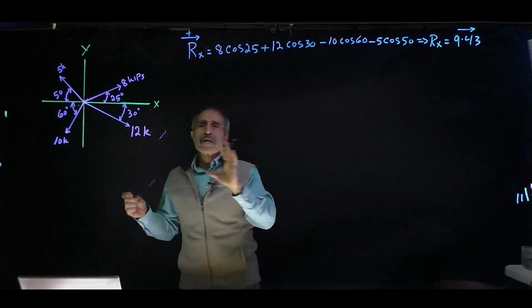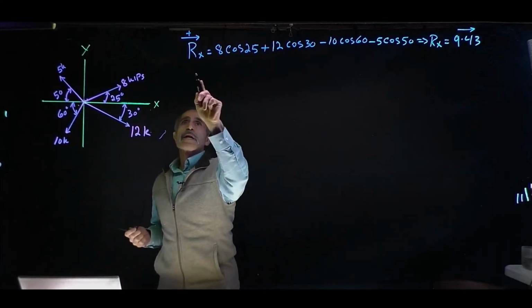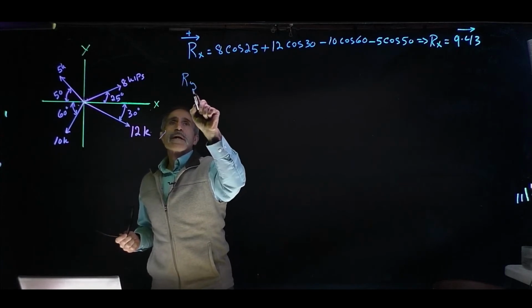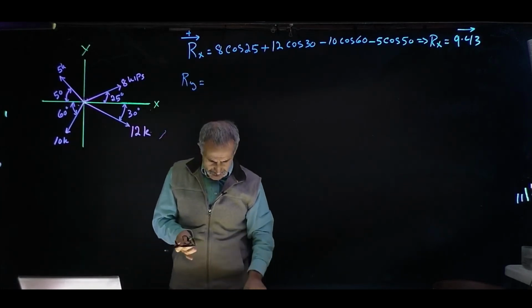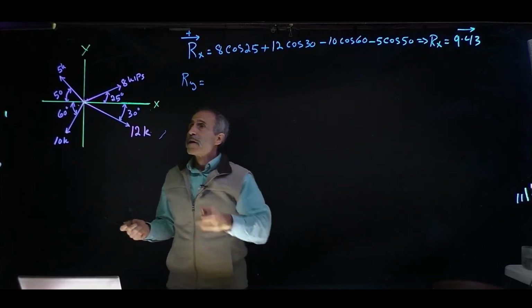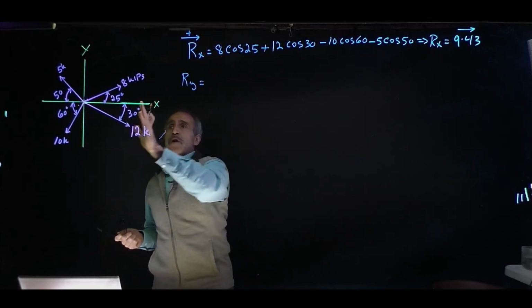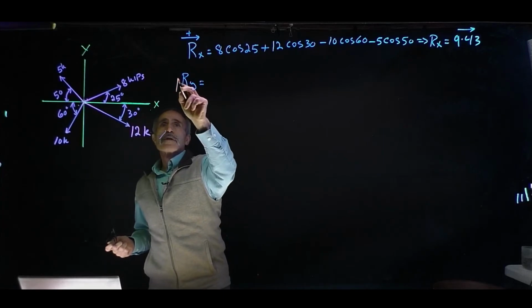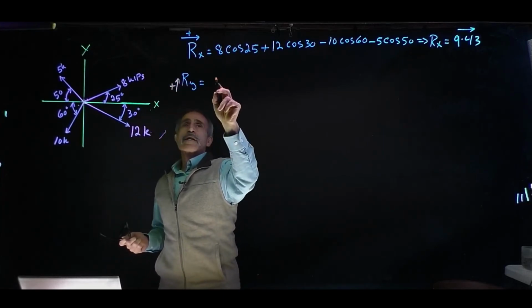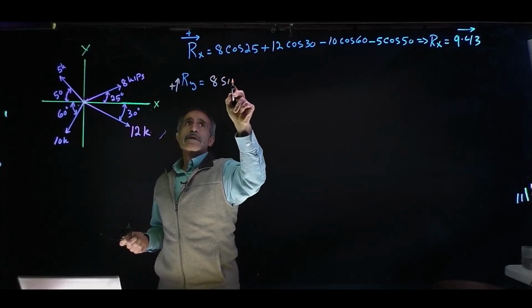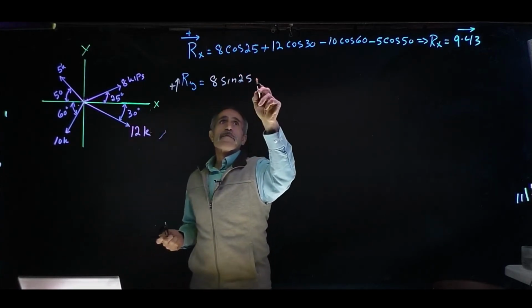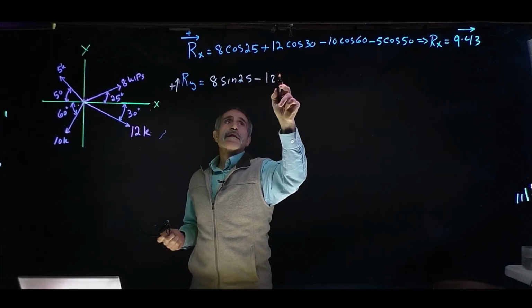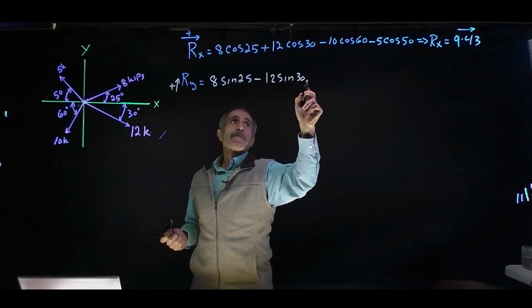Now we're going to do the same exact thing for the y, Ry. Start from here again. Going up is positive, so 8 times sine 25. Going down is negative, minus 12 times sine 30.